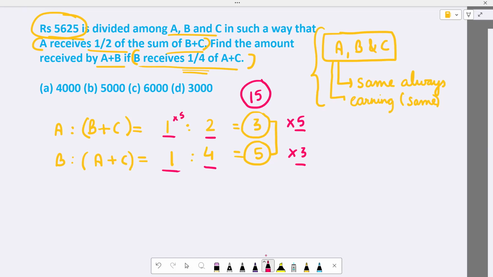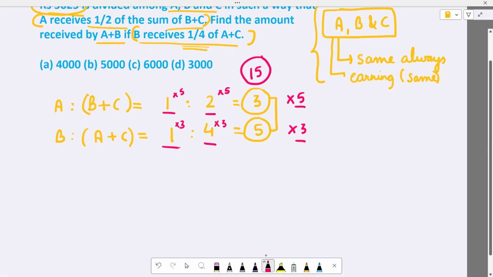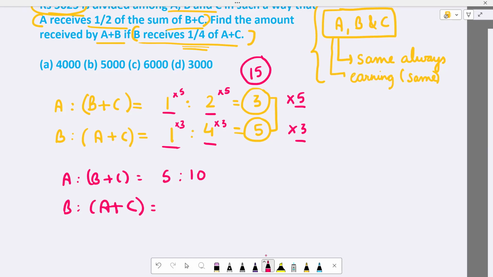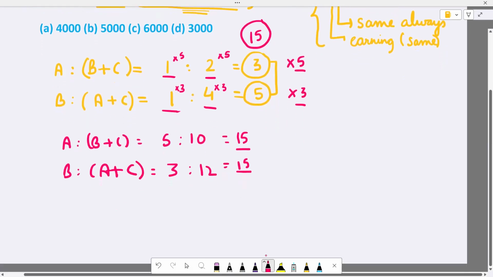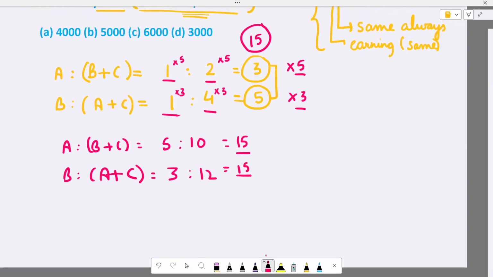So 1 multiplied by 5 and 2 multiplied by 5, and then 1 multiplied by 3 and 4 multiplied by 3. Hence, A ratio B plus C will be equal to 5:10 and B ratio A plus C will be equal to 3:12. And the sum will be 15, which is what we actually wanted, in order to have a good and appropriate comparison.